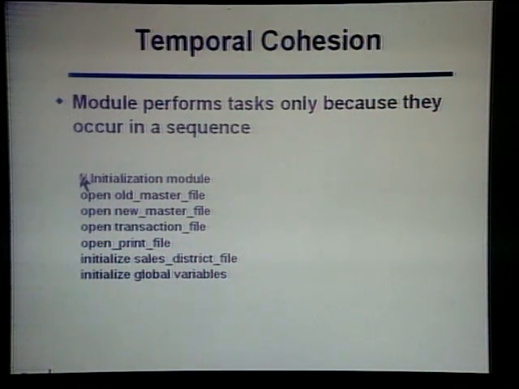The reason for putting all these things inside the module was that the programmer wanted to make a single call to a module which will initialize all the variables and open all the files. So when you put tasks inside a single module which have a relationship in that they have to be performed at the same time, then we say the module has temporal cohesion.